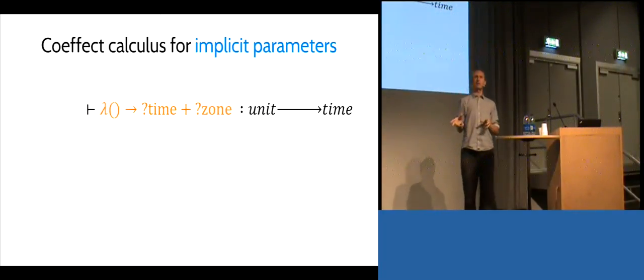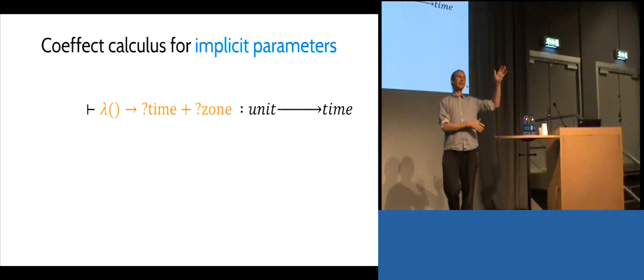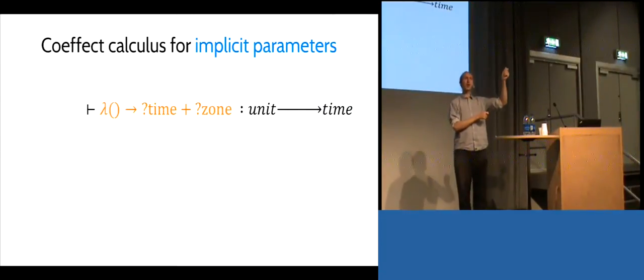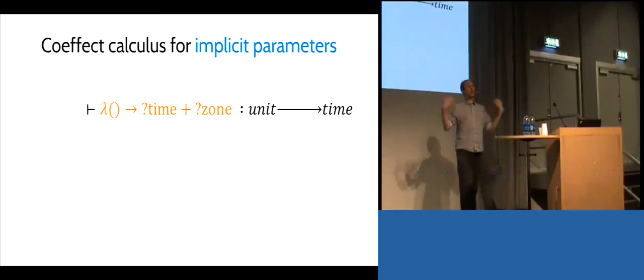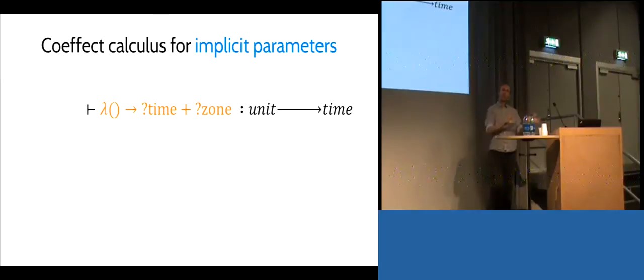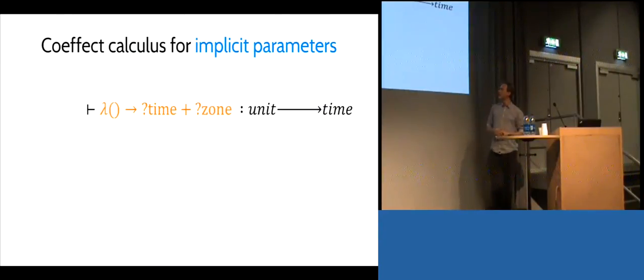They are implicit parameters, and just like in Haskell, the idea is that they can come from the declaration side, so they can be lexically scoped, but they can also come from the call side, and they can be dynamically scoped. So it's combining both of the scoping options, and the function here doesn't take anything as an input, and it gives you the current time plus the time zone offset, so you can use it to calculate your jet lag.